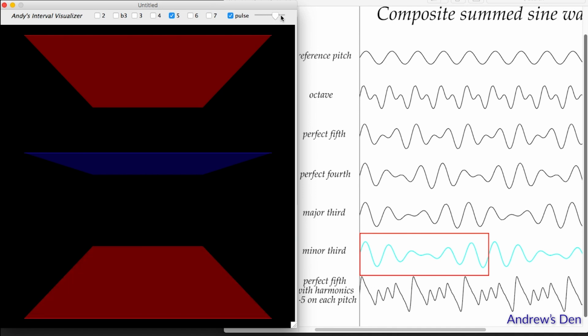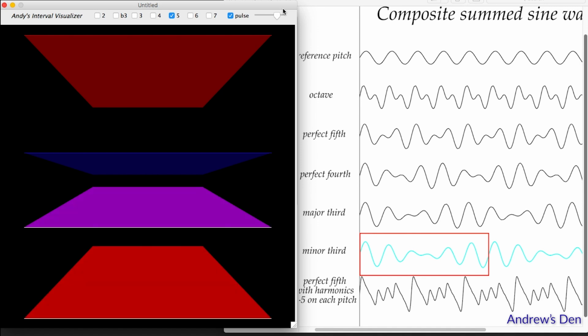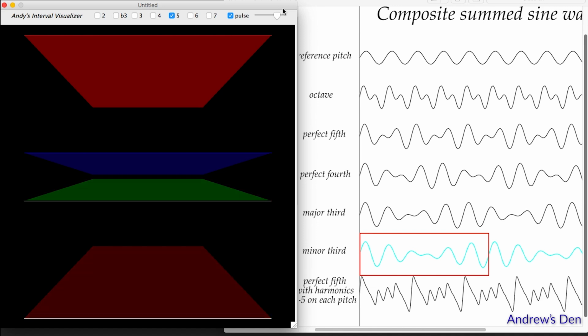So fun. Let's speed them up and get a sense of how they look when they really flicker, just to get a sense of their character visually that we're hearing in the air. So minor third. The major third. Perfect fourth.